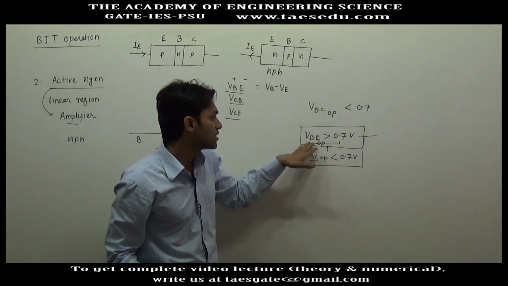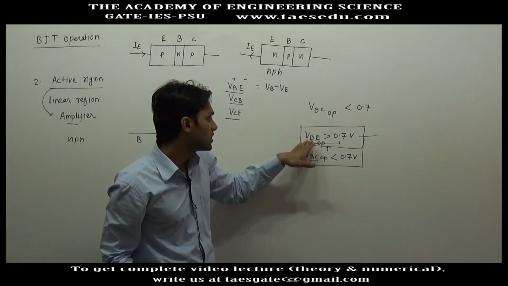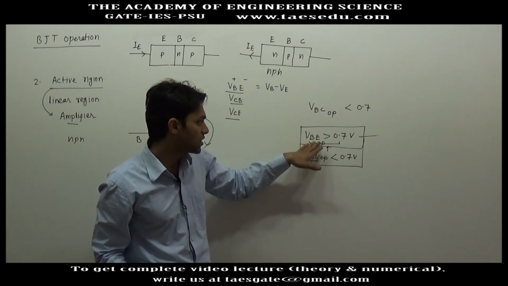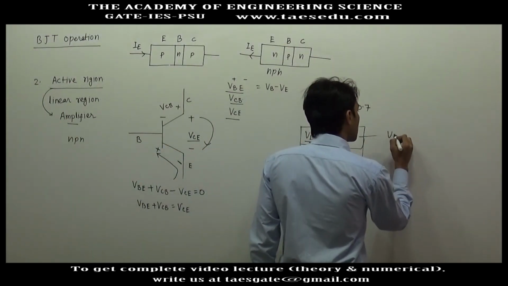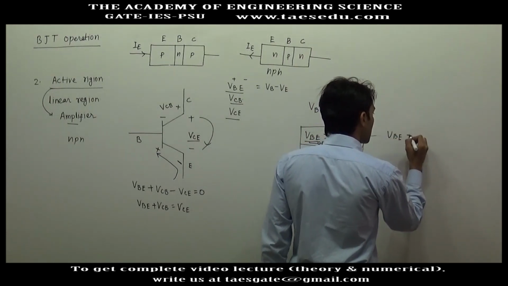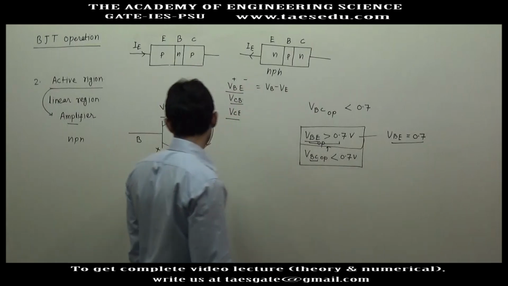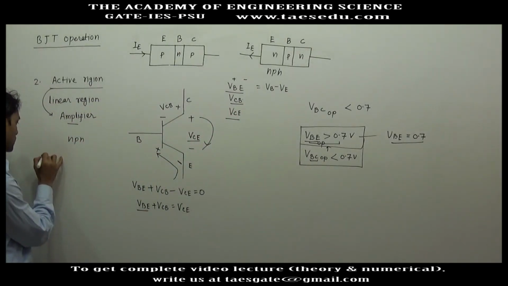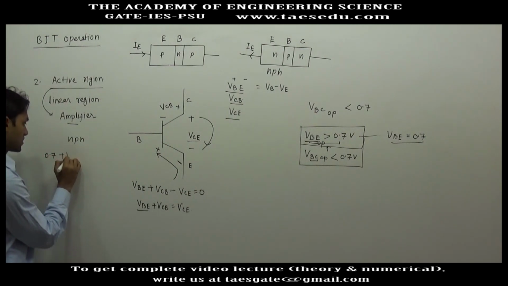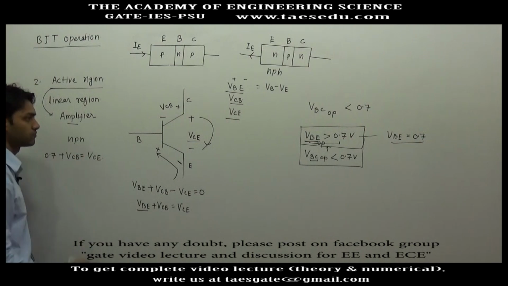In actual condition, this will not be open circuited; it will conduct, and when the base emitter junction is forward biased, VBE in actual condition will be 0.7 volt. So I put VBE as 0.7 volt: 0.7 plus VCB equals VCE.